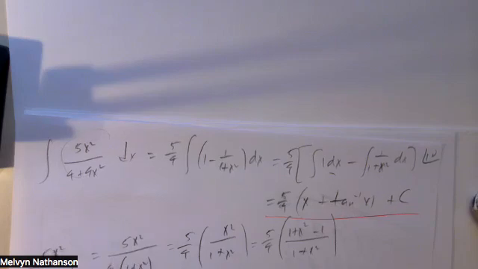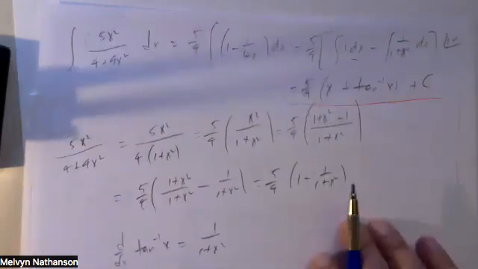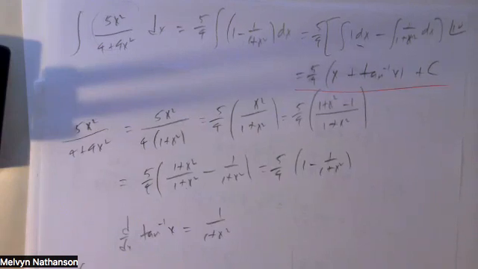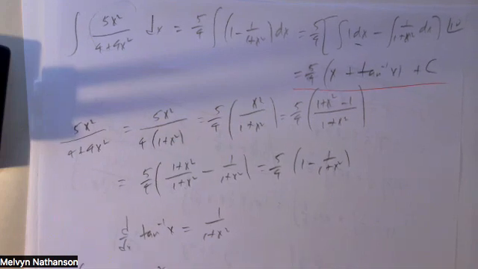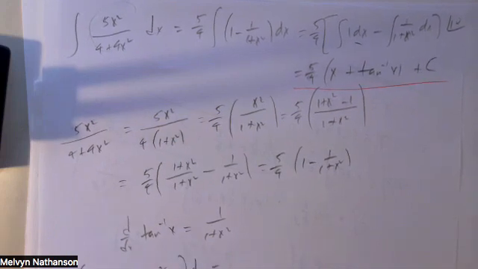Do one more. Suppose I want to find the antiderivative of 3u to the minus 2 minus 4u squared plus 1, du.